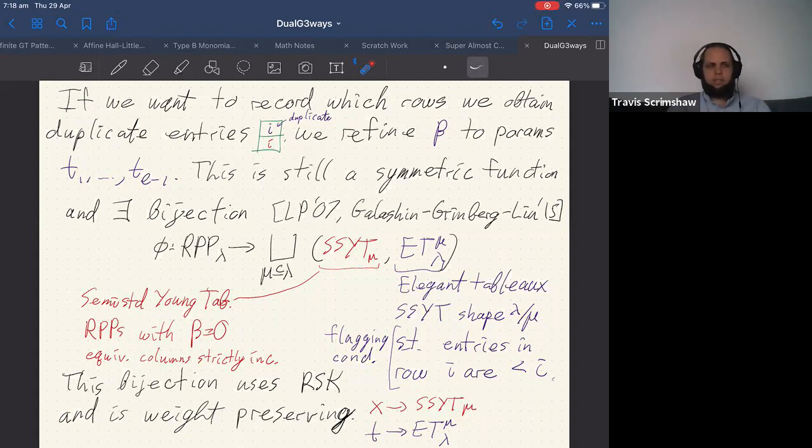It's a slight variant of it, but this RSK insertion is a very common combinatorial tool when working with partitions and tableaux, where you add new boxes one at a time based upon a certain word. Things bump around, and it's a very nice bijection that preserves a lot of very good properties.